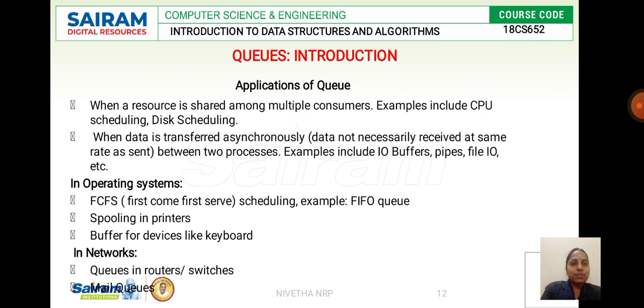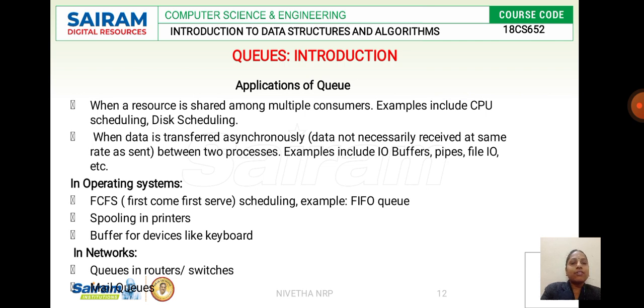The message which has been sent first will be delivered first. In terms of operating system, when you request a resource, the resource will be serviced using the FCFS principle, that is first come first serve, which is applicable for queue, first in, first out. And spooling in printers, what we have seen in the last example, is also a very good example of an application of a queue.